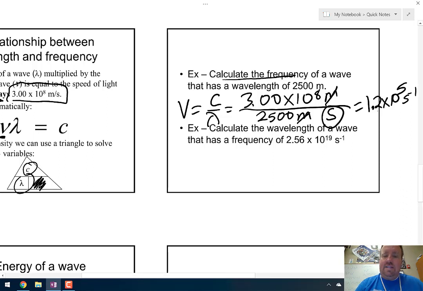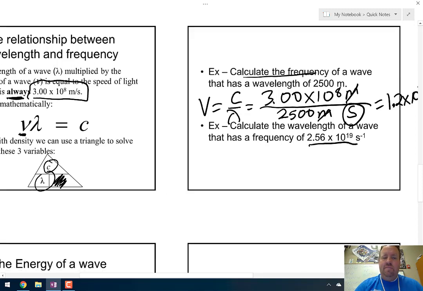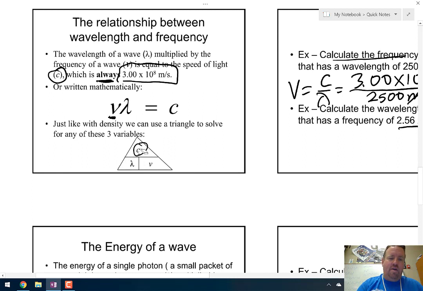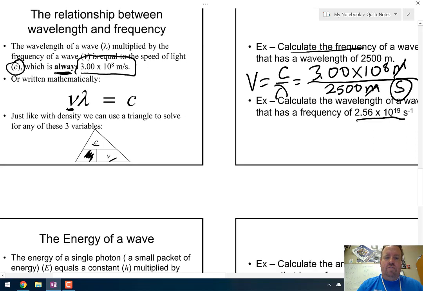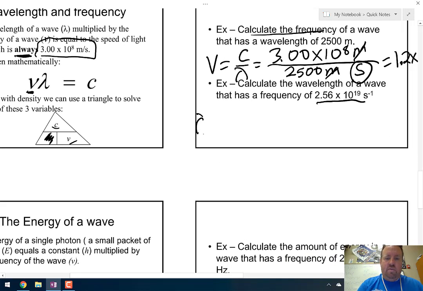The second example says calculate the wavelength of a wave that has a frequency of 2.56 times 10 to the 19th. So now let's come back over here. In this case, they want the wavelength, so let's get rid of that. It's speed of light over the frequency. So wavelength equals speed of light over the frequency.